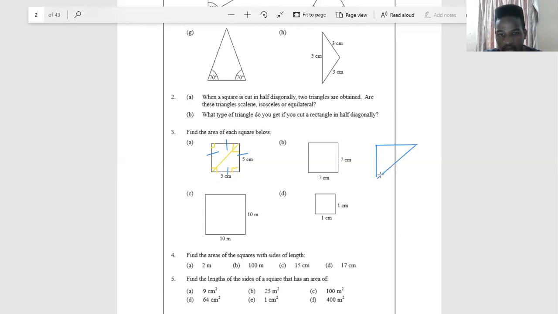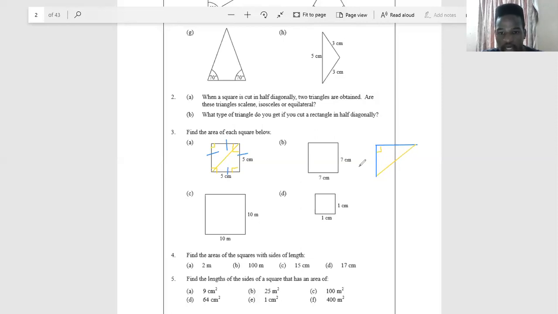Okay, let me use a yellow color here to make it easy for you to visualize what I'm saying. So this is that triangle there. But remember, we have our 90 here and our 90 there.